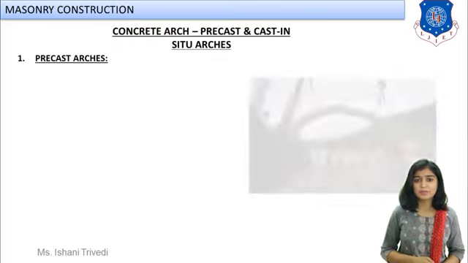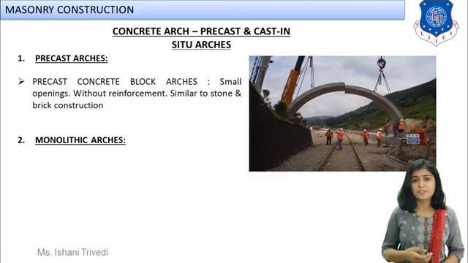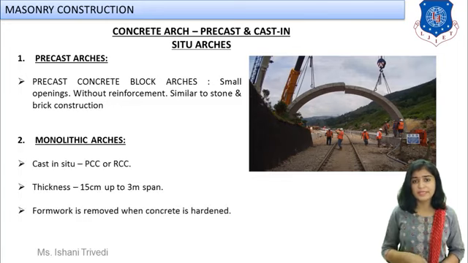Next, we are going to talk about the next classification based on the construction material, and the last one in fact, that is your concrete arches. Now, you know about the concrete material. We have talked about concrete lintel also. So here we will have 2 categories. We will have cast in situ and we will have precast. Now, you can call the precast arch construction as monolithic arches as well.